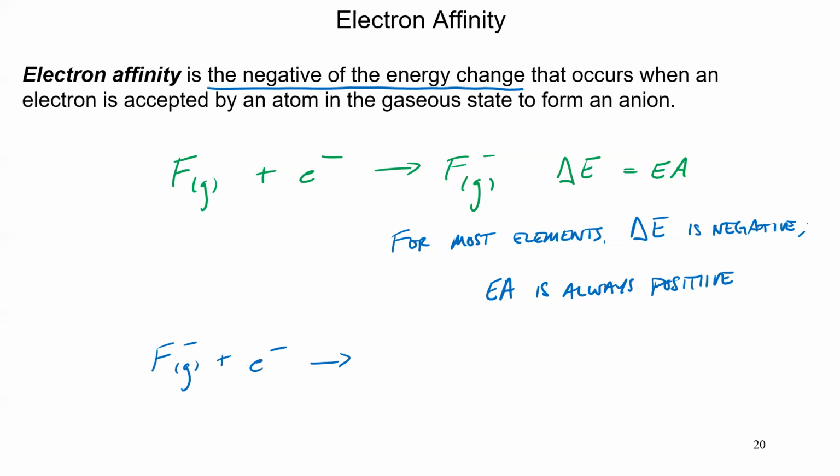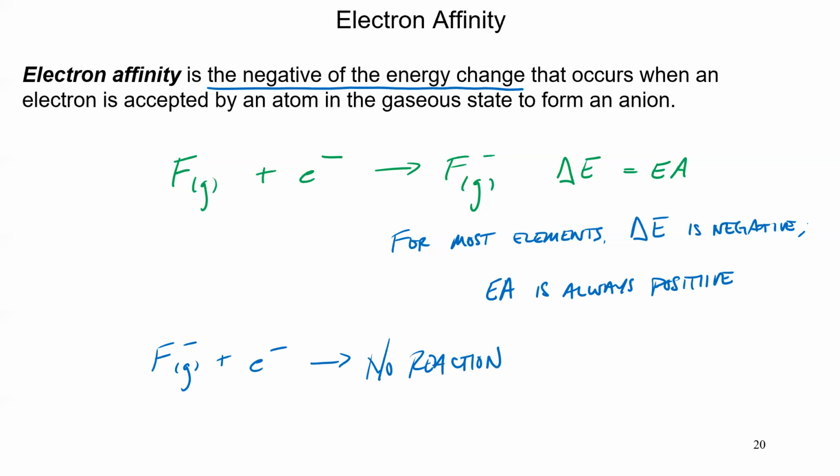They're in the gas phase. If I try to make those two things collide, those two negative charges are going to repel each other. And so they don't really ever collide with enough energy for that electron to be added to the F minus ion. And so we do not get a reaction. And so there's no second electron affinity.